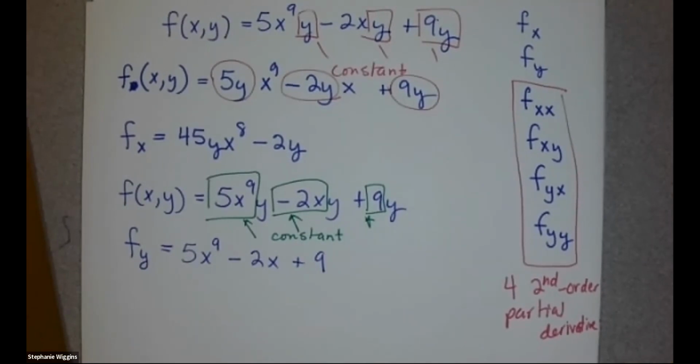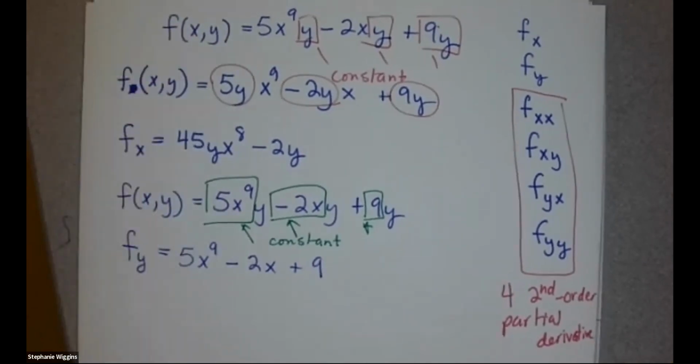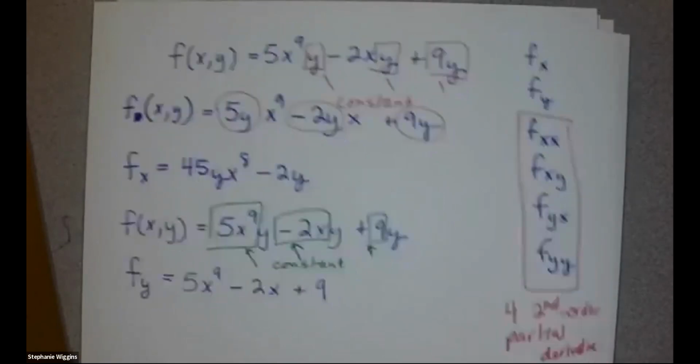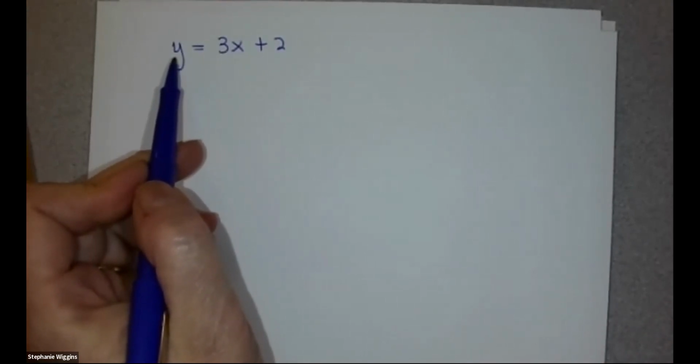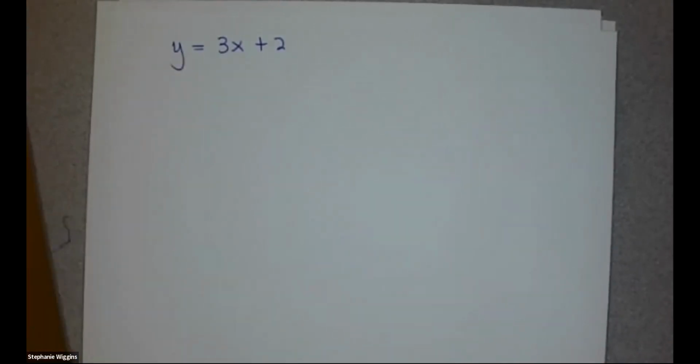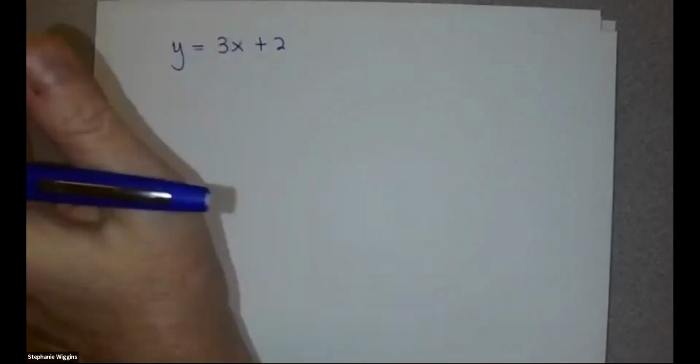Let me take an aside and do something you already know. When I say differentiate, here we have a function. It's confusing because we often write y equal to something like 3x plus 2. This y, though, is a dependent variable, whereas the y in these problems is independent.